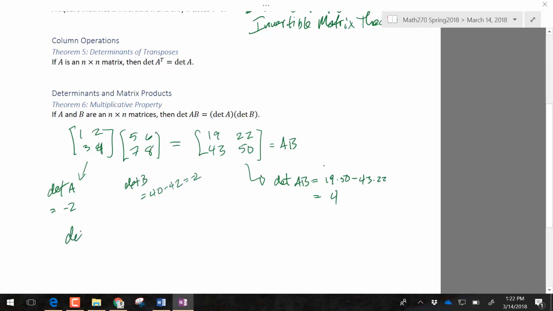So determinant of A times determinant of B gives the same result. And this is not a proof. This is an example to show that this actually does work. And so that's it.